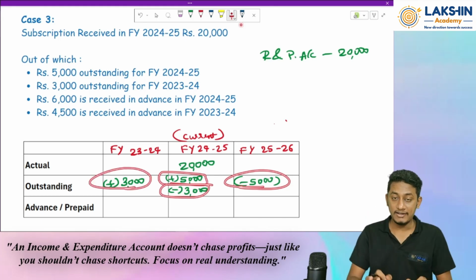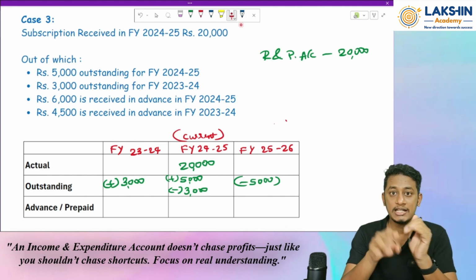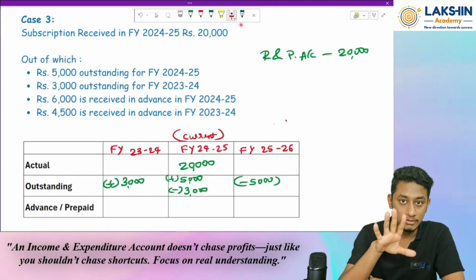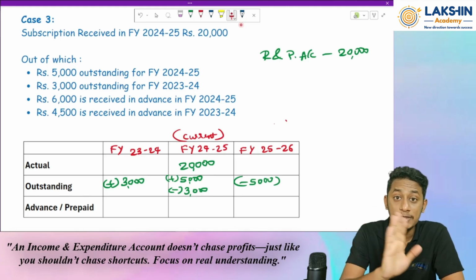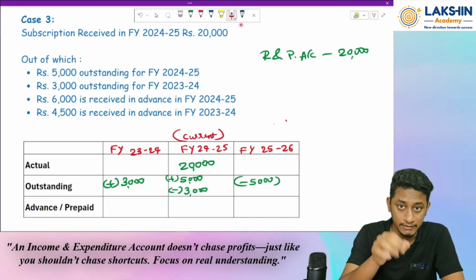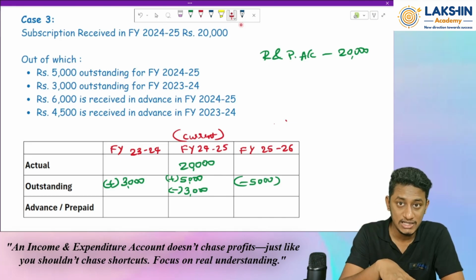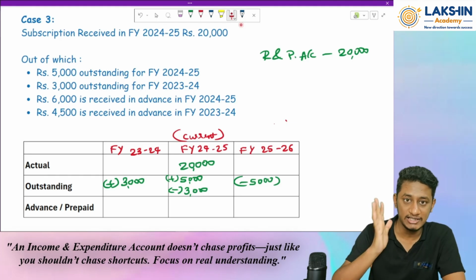So in simple terms, if you remember, see whether the income belongs to this year, irrespective of whenever you receive it. If yes, close your eyes and simply take it in this financial year.